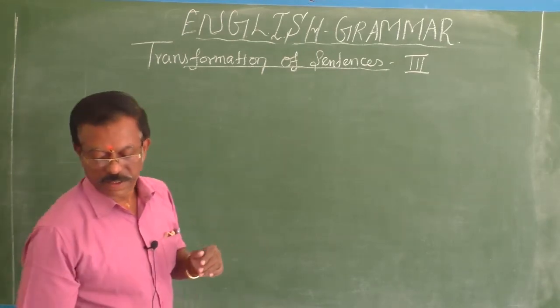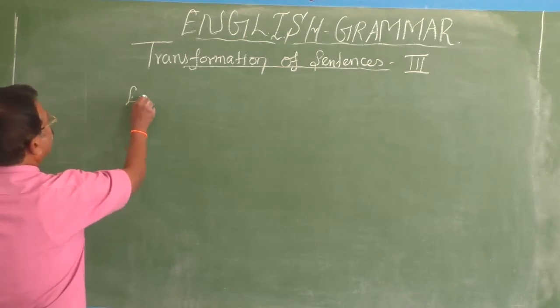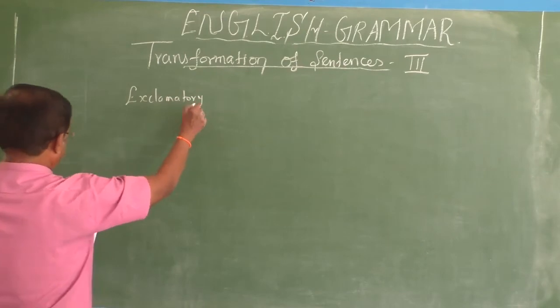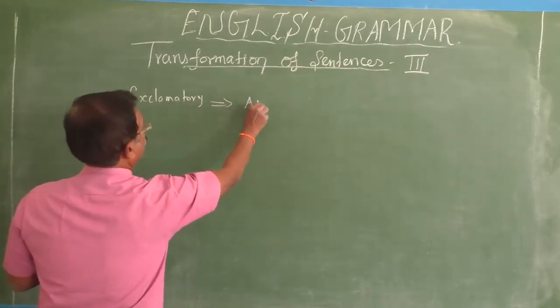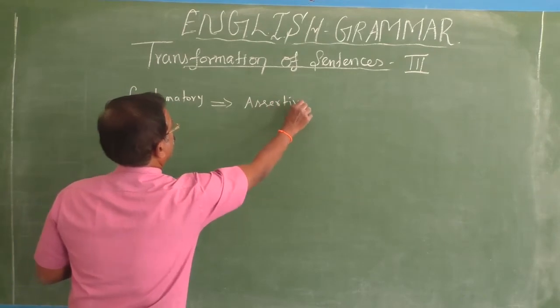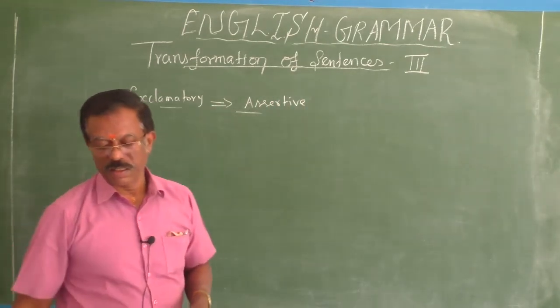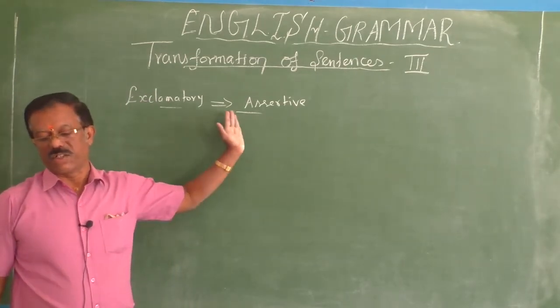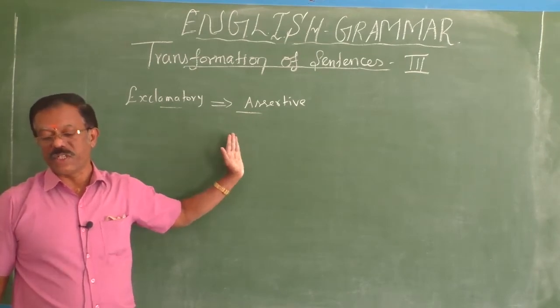Okay. See, exclamatory to assertive. Here what you are supposed to follow, when you are going to change an exclamatory sentence into an assertive one, one thing should be remembered, that is the meaning should not be changed.